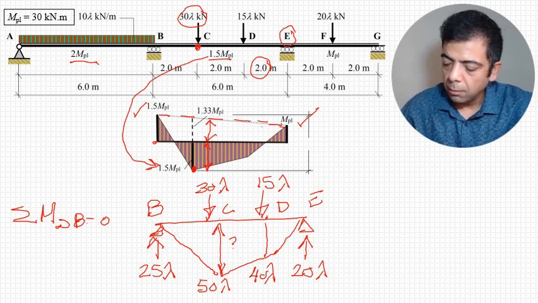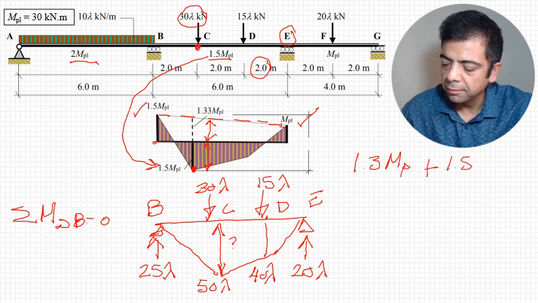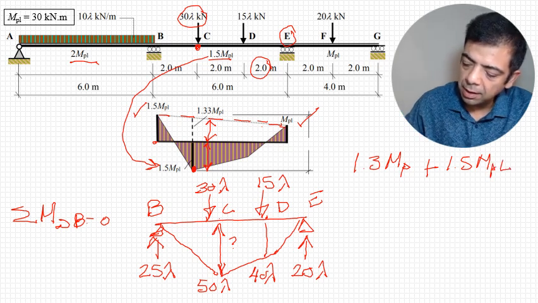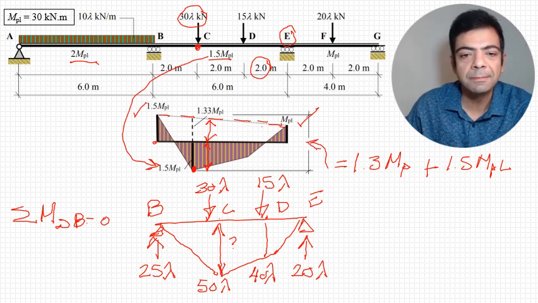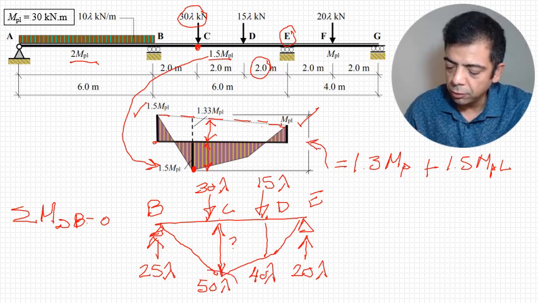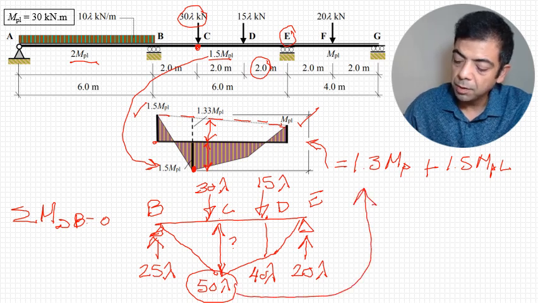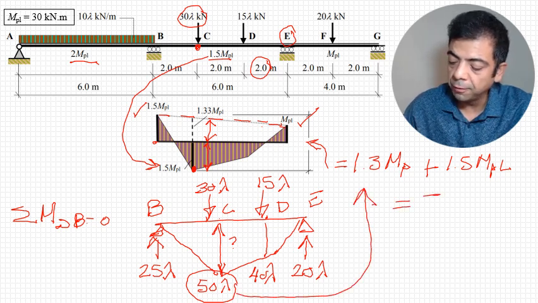So when we add 1.3 M plastic plus 1.5 M plastic, this is going to be the entire distance. So how much is this entire distance? It's the value we got from the positive bending moment. So this will have to equal 50 lambda.